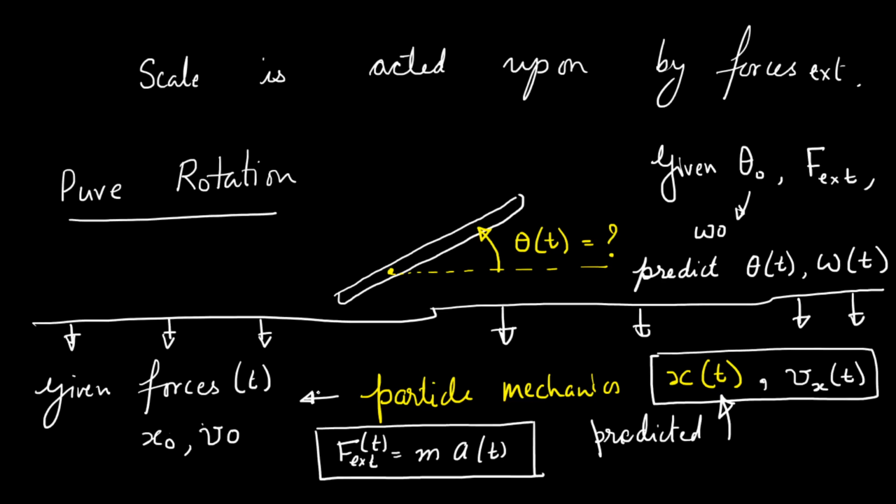And much similar to this, we have a law which is an independent law, which is tau external at any instant of time is equal to some constant which we will soon meet, which depends on the scale, the shape, and also the axis. Okay, what is the axis? The axis is passing through this point and it's perpendicular to the board, into alpha as a function of time.